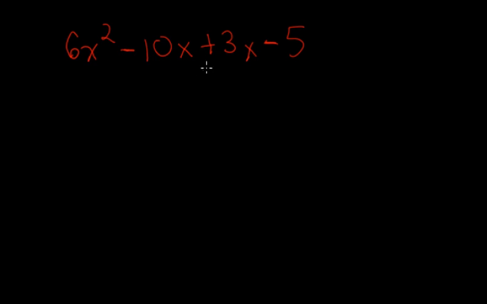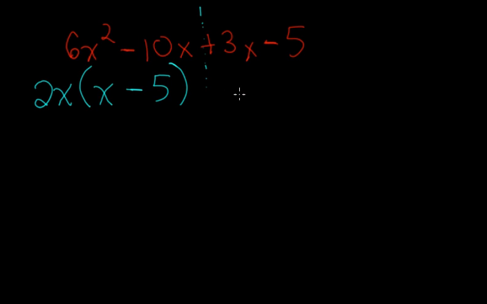Well, if I divide this down the middle, my first half has a 2 and an x that is shared. So I'll bring out my 2x out front, and that leaves behind 3x minus 5.